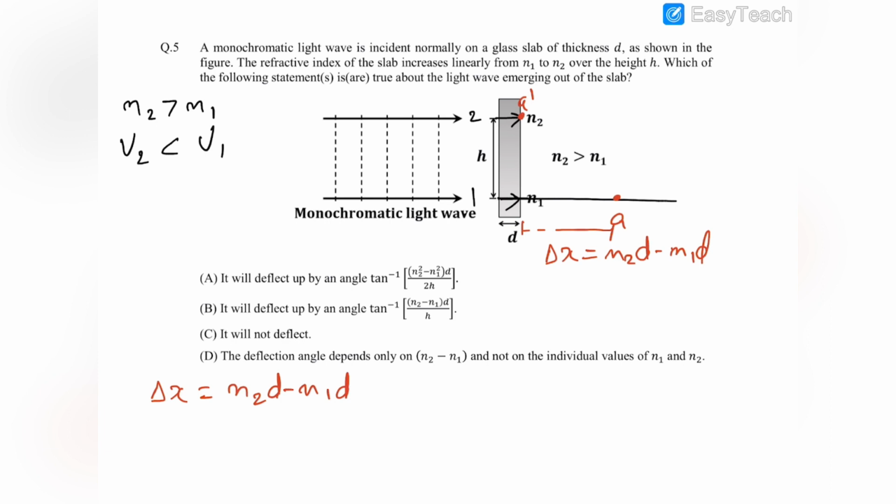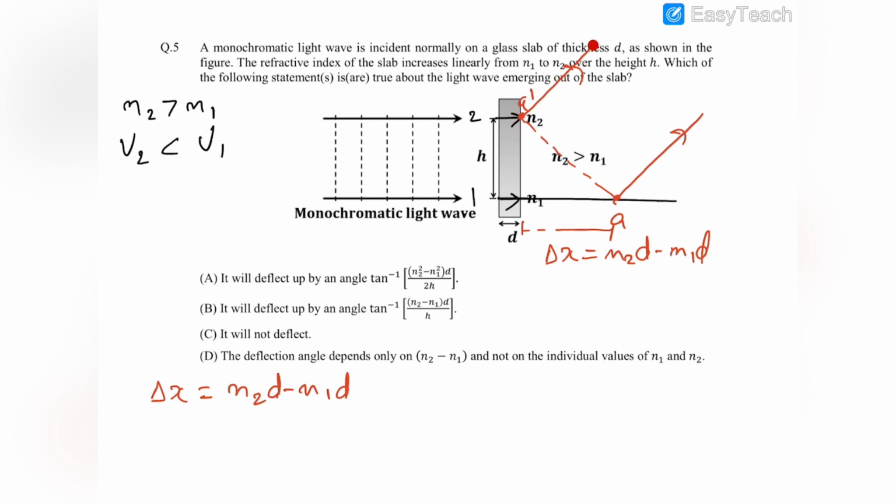So the wavefront of this wave would be like that now. And due to the fact that the angle of emergence of these waves would be the same, they would emerge out at the same angle, but just at this point there would be many points on this wavefront which would be emitting light in all directions.